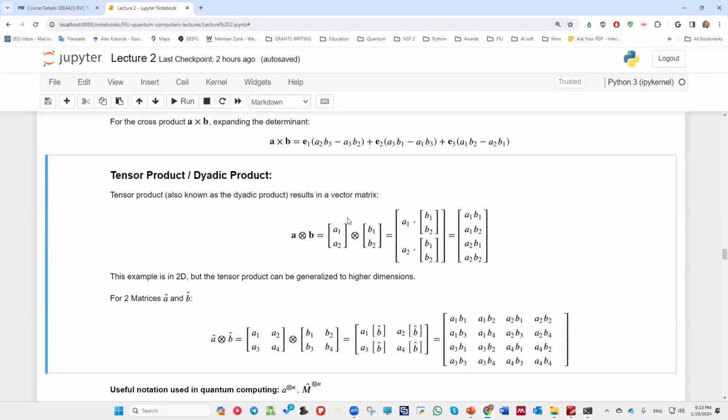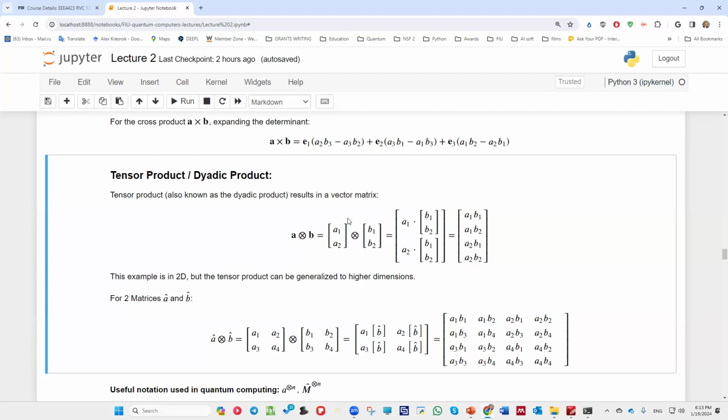For example, if you have a system of 2, and the first qubit is represented by vector A, the second qubit is represented by vector B, the system of the 2 interacting is described by the tensor product of the 2 vectors.